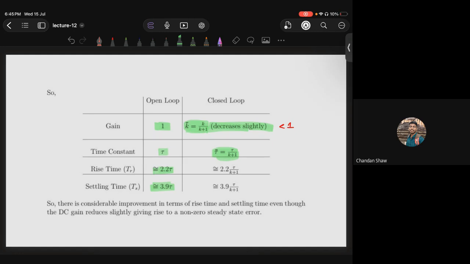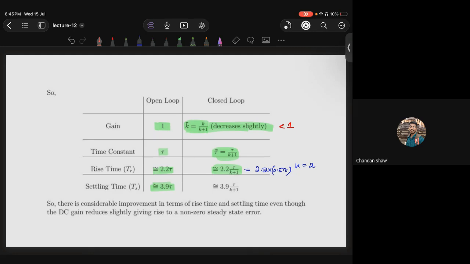Okay. Then, rise time is previously 2.2 tau. Now, rise time is tau by K plus 1. Suppose we choose K as 2, what will happen? If K is 2, what is this value? 2.2 multiplied by 0.5 tau. Am I correct? Yes, sir.